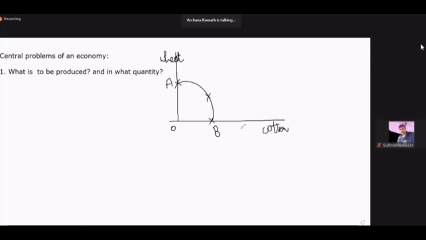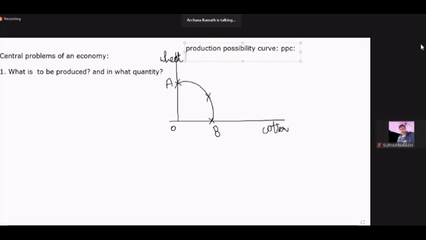Okay, and this is the first curve which you are learning, and this curve is known as the production possibility curve. In short, it is known as PPC. Learn the definition, because I've seen questions where they will give you the definition and ask you what it is related to.